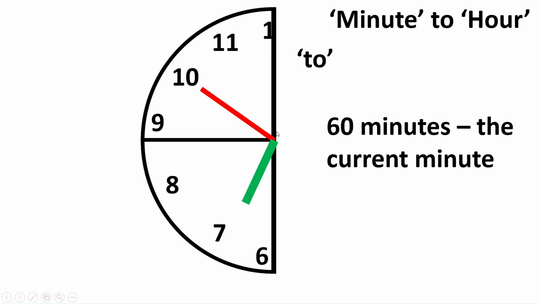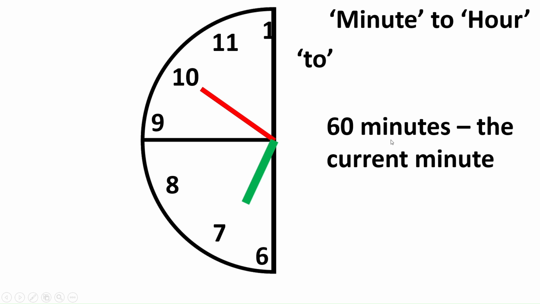We do this because we know that 60 minutes equals an hour, and we want to find how many minutes are left until the next hour will begin. We know that the minute hand points at the current minute, so if we do 60 minutes take away the current minute, we will find how many minutes are left until the next hour will begin.